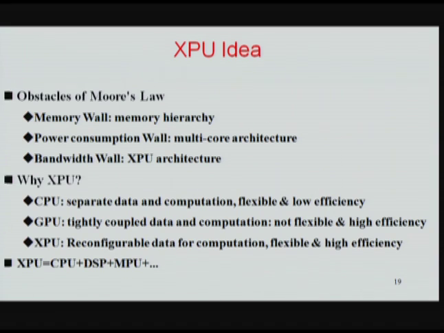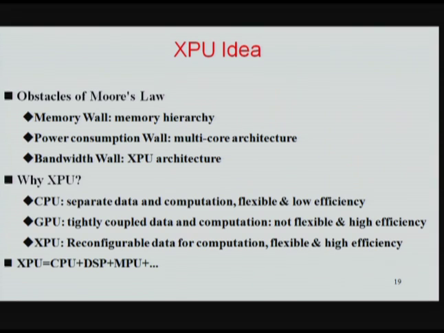Why do we propose XPU? We can see in the CPU, we have separated data and computation. It's very flexible in programming, but it's low efficiency. In GPU, we have tightly coupled data and computation. Data and computation are coupled together. It's not flexible, but it has very high efficiency.